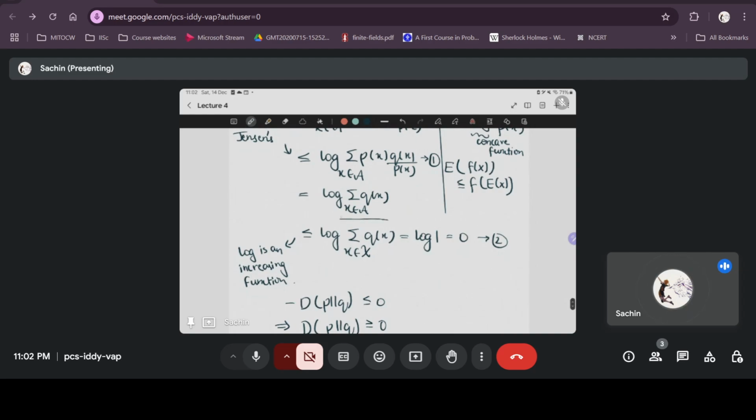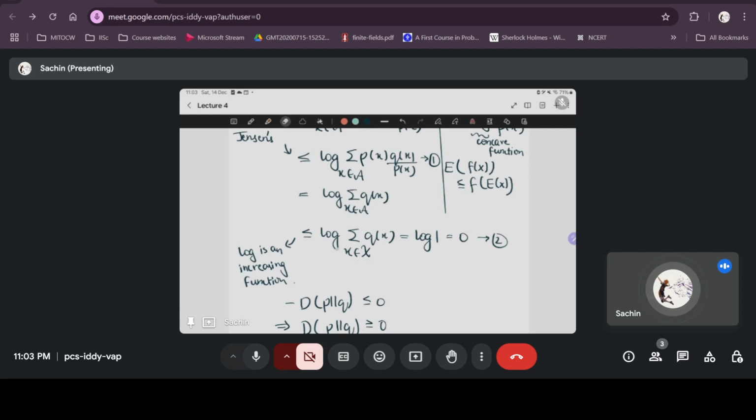So for these two things to be equal, the log of the summation of q of x over A and the log of the summation of q of x over script X, that would mean that for all values not in A, q of x should be equal to 0. That's kind of straightforward.